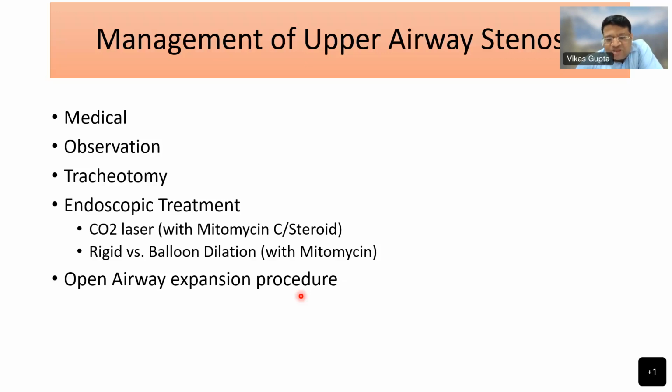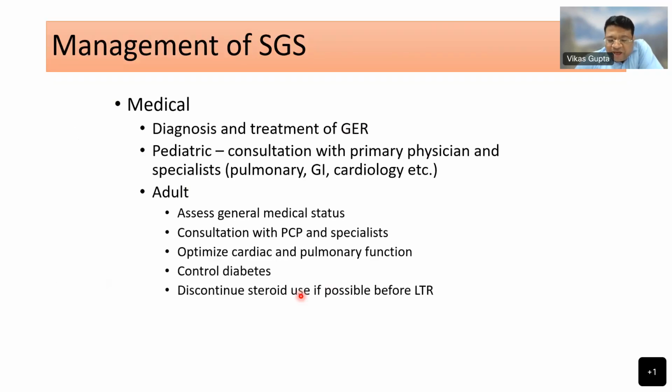open airway expansion procedures. Medical treatment is actually not exactly to treat the stenosis. It is adjunctive treatment where other elements might be contributing to the severity of stenosis, like gastroesophageal reflux, so we need to treat the reflux.